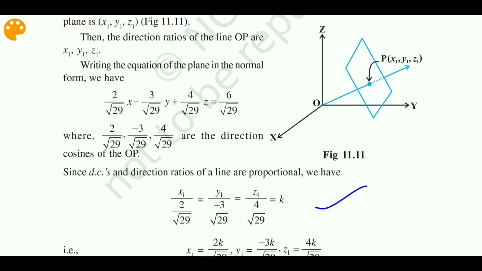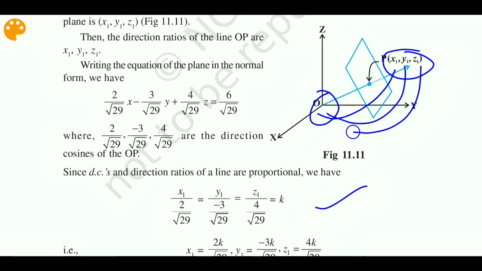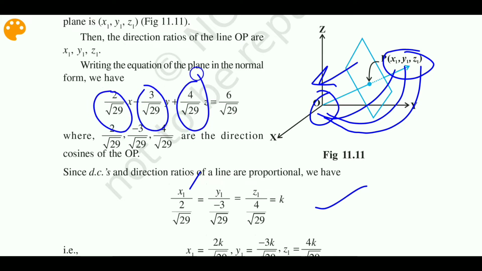We will solve it that way. The direction ratio will be x1, since origin is 0, 0, so x1 minus 0 is x1, y1 minus 0 is y1, z1 minus 0 is z1. So this is x1 divided by the direction cosine of this plane, which is 2 by root 29, minus 3 by root 29, 4 by root 29, and we put this value equal to k.